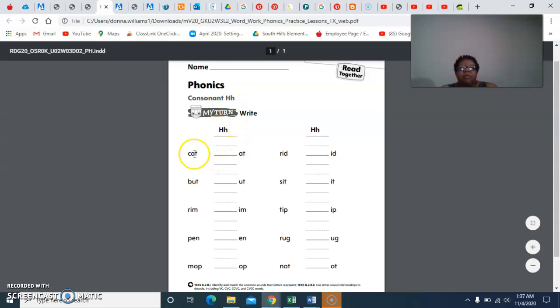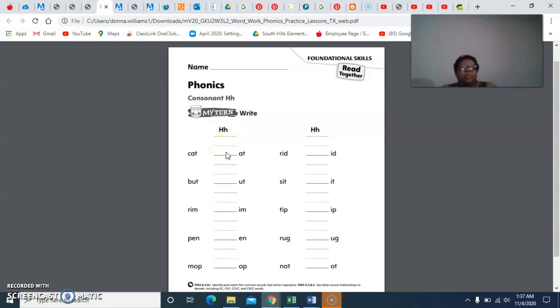We have CVC words on the left, and then they have the letter H that they want us to change the word to. So see if you can figure out what the word is if we were to put H here. And since you're at home, you can use your journal and write the word and then try to sound it out.